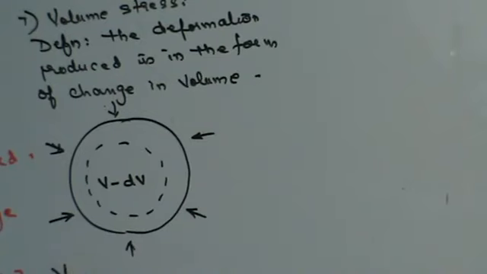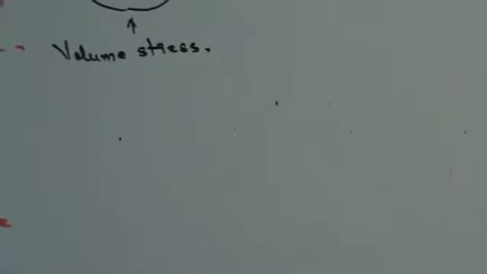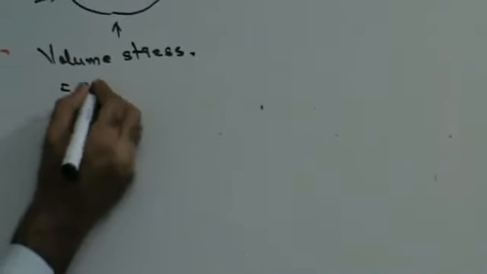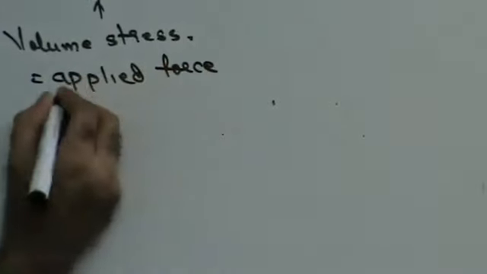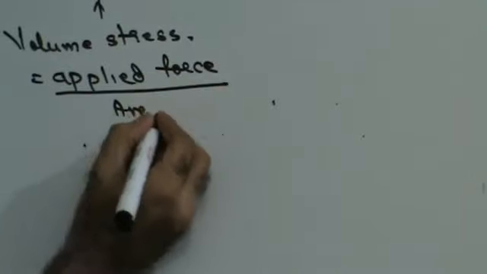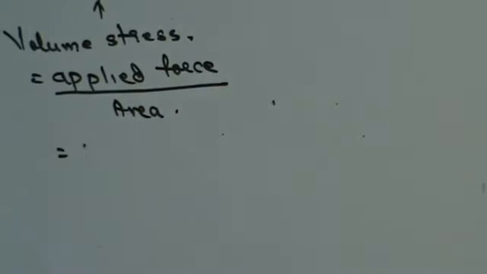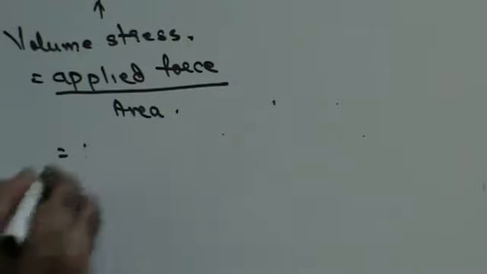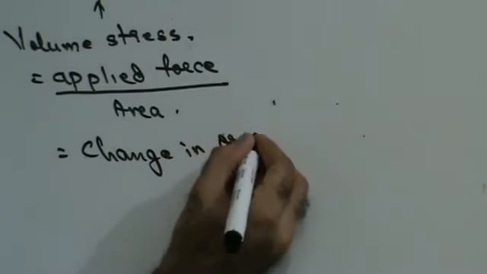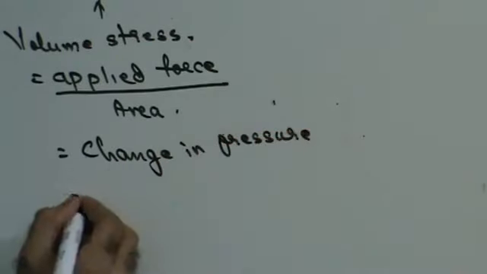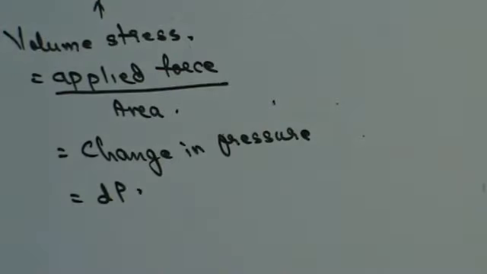Thus, I can say that volume stress is applied force upon area. How do I apply force to bring about a change in the volume? By changing the pressure. So this is nothing but change in pressure, dP. Thus, volume stress is equal to dP.